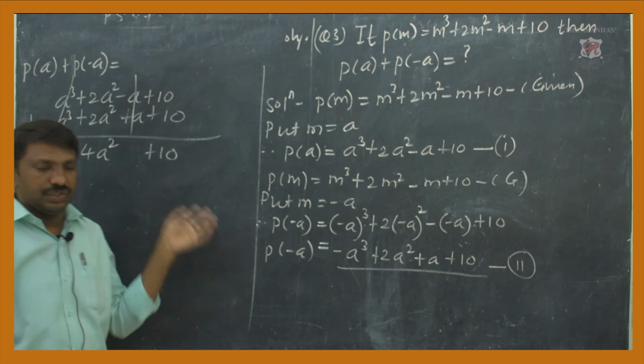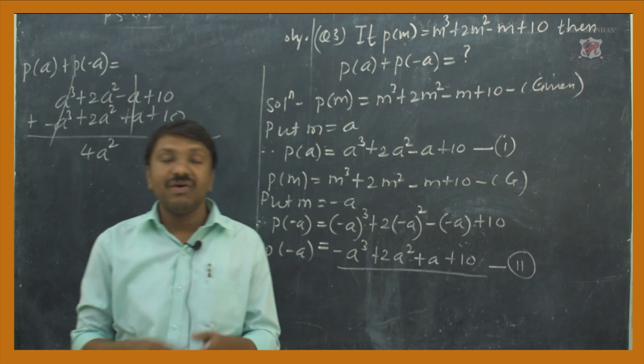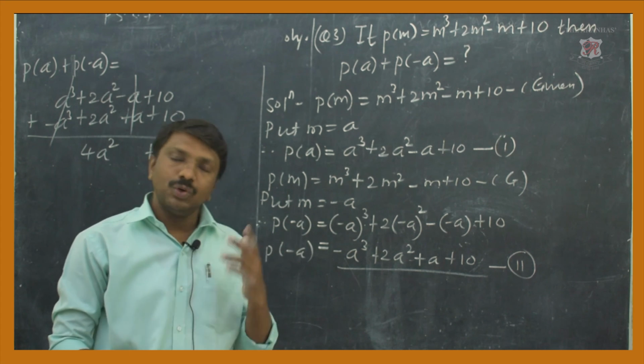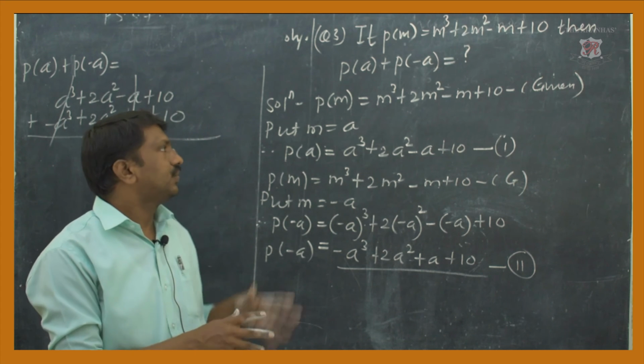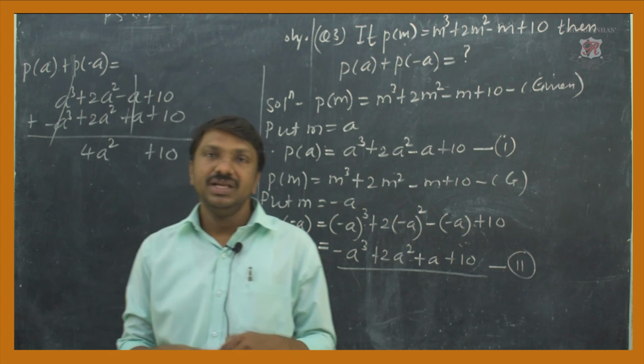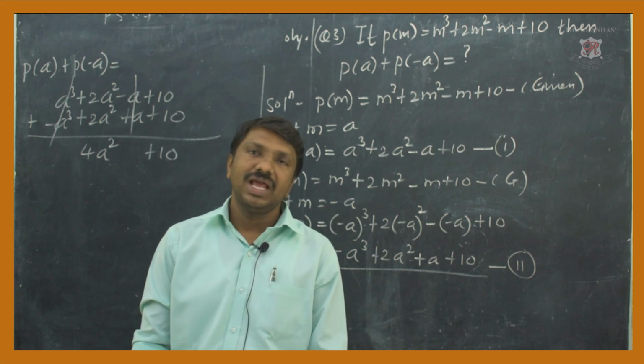Okay children, so here we completed finding the value of the variable. Two more examples are there, you can also try. I hope today's discussion, whatever we did, of synthetic division and the value of a polynomial.